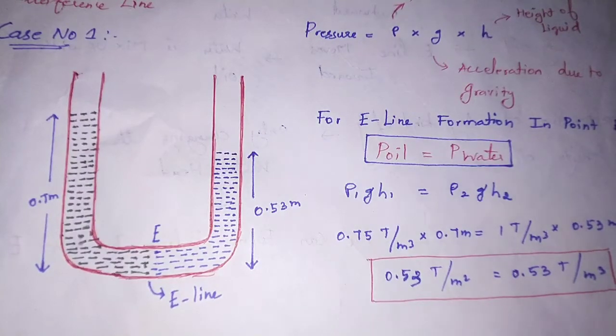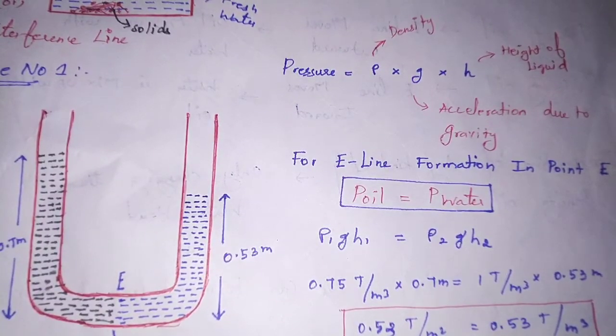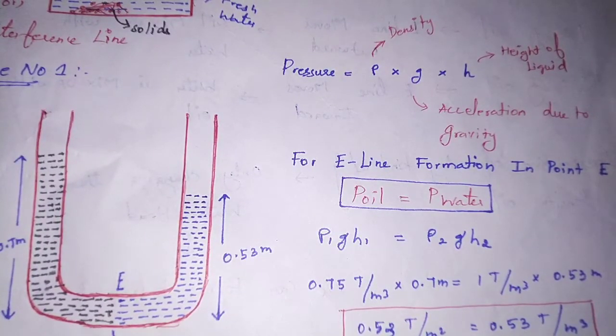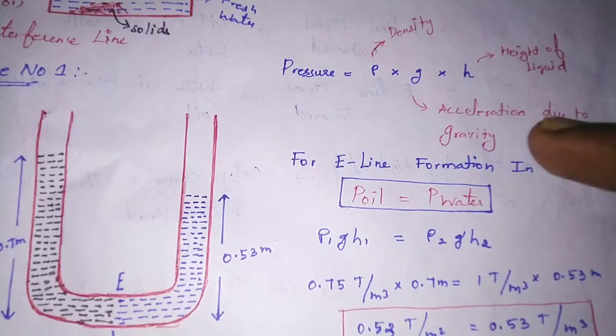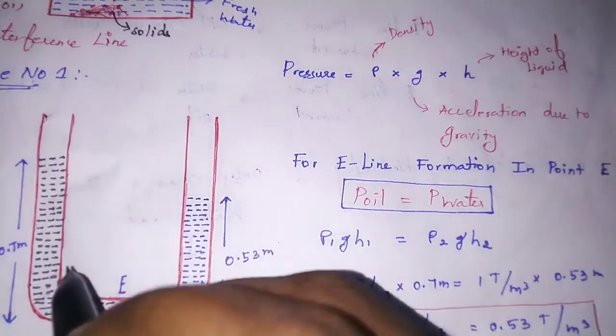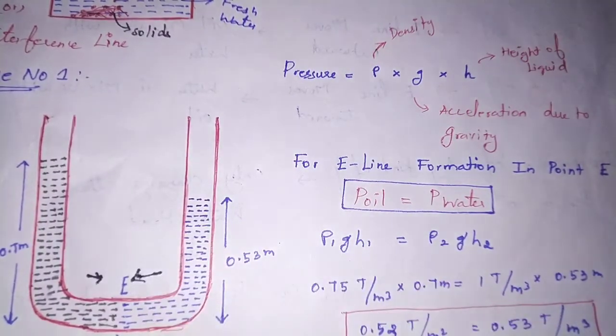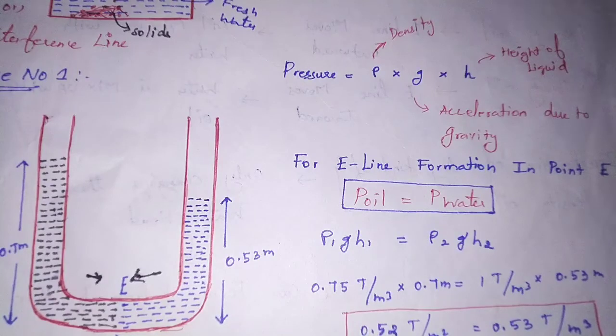We know that pressure is equal to density into acceleration due to gravity into height of the liquid. For the E line formation at point E, the oil pressure and water pressure are both equal. When the oil pressure and water pressure are equal, at that point our E line is formed.